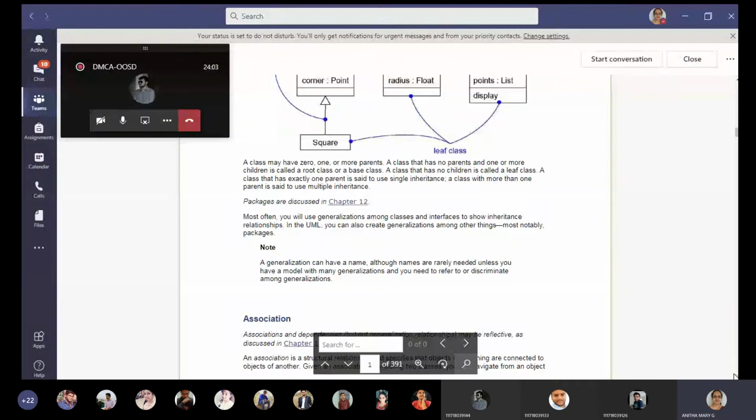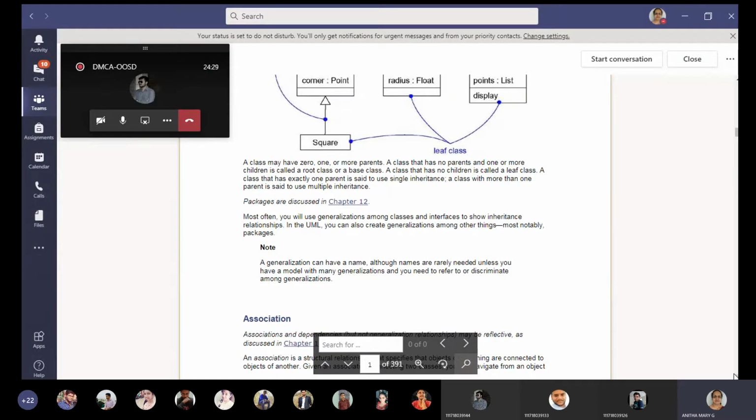Based on this, we can categorize the different kinds of inheritance. If a class has no parent and one or more children, then that class is called the root class or base class.